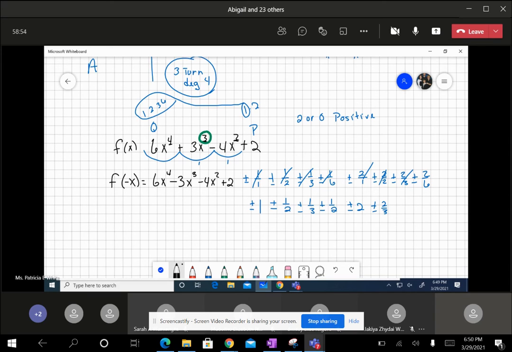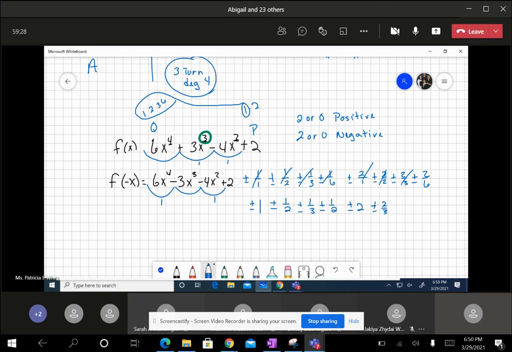So I have positive to negative, there's one change, stays negative. Negative to positive, there's a second. So that gives me 2 or none negative solutions. And what would be your maximum number of solutions? What tells you your maximum number?